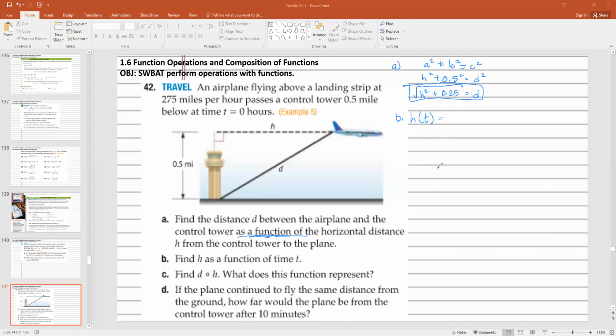Distance equals the speed times the time. The speed is 275 miles per hour, and our time is t. And there you go, 275t.